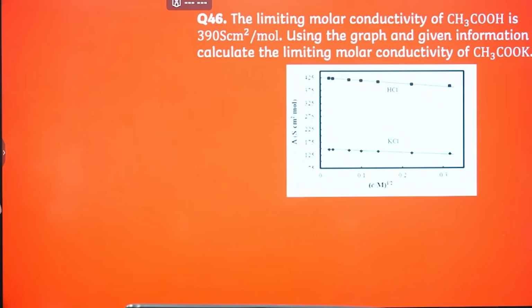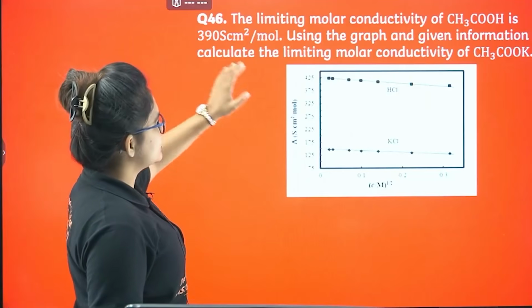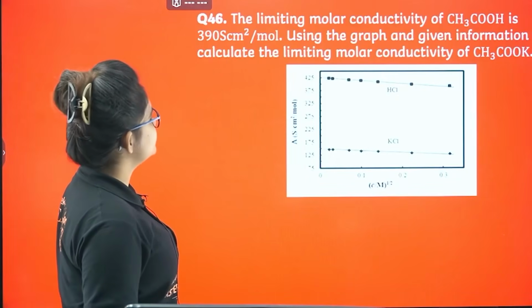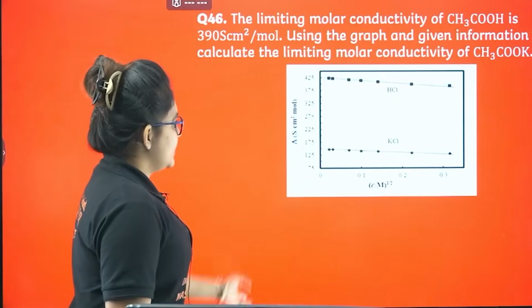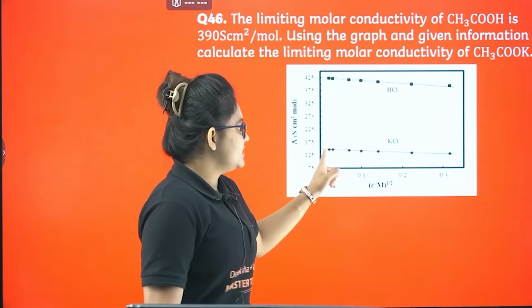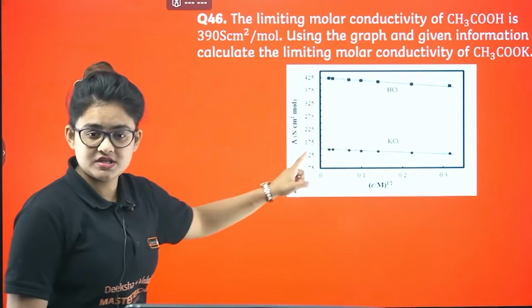I guess this is clear. Let's proceed. Okay, the limiting molar conductivity of CH3COOH is given. Using the graph and given information, calculate the limiting molar conductivity of CH3COOK. Okay, so from the graph, I can get the limiting molar conductivity of KCl and HCl from the intercept, right?